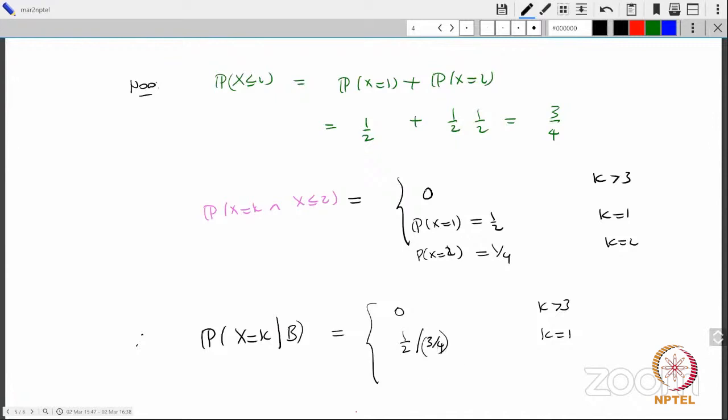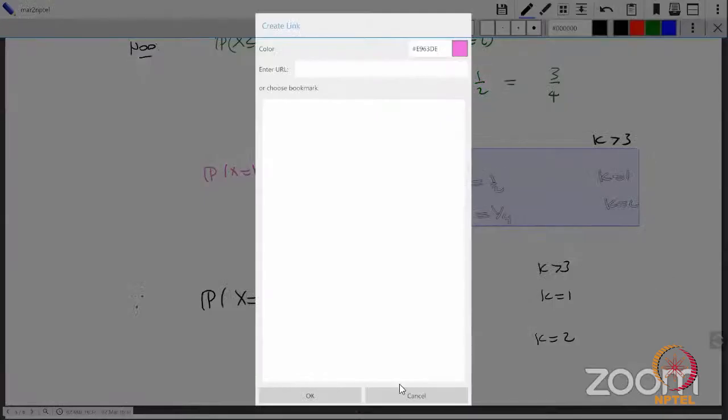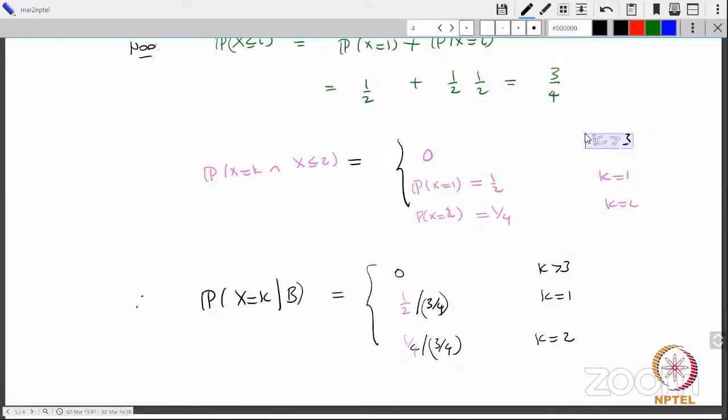That's the green part. And the last one is quarter by 3/4, which is the k equal to 2 part. So this part is the pink part, sorry. That's from here. And this part is the green part of it, right?